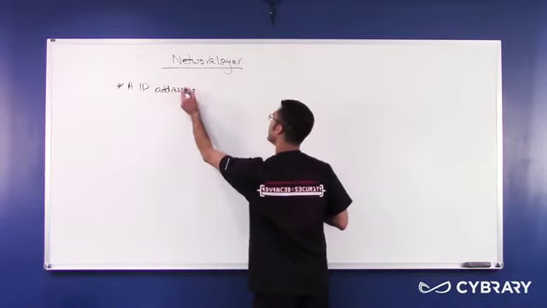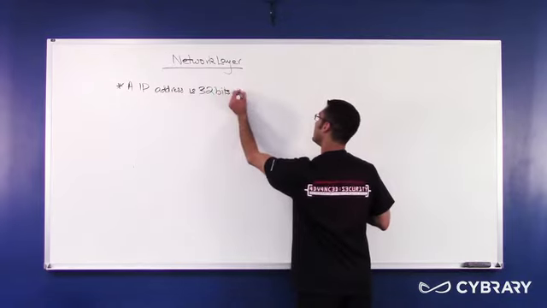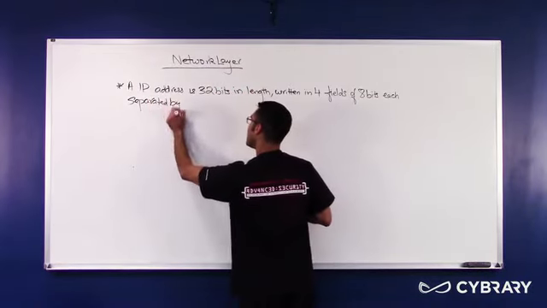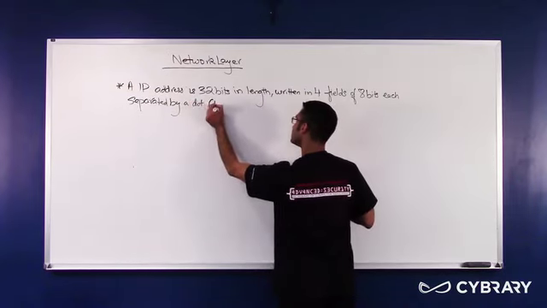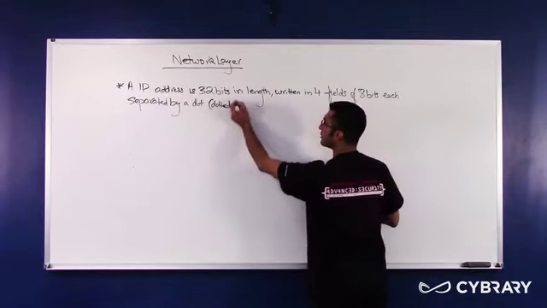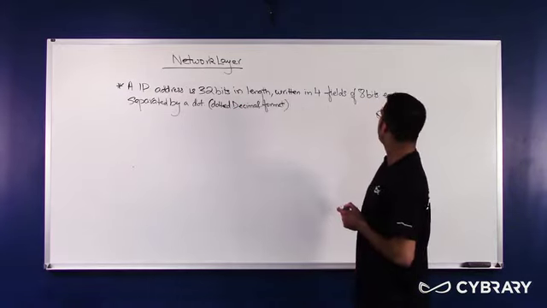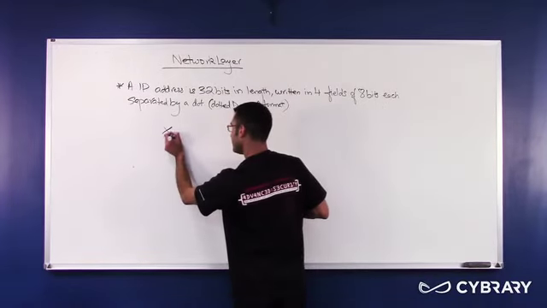An IP address is 32 bits in length, and it's written in 4 fields of 8 bits each, separated by a dot. This is called the dotted decimal format. So 4 fields of 8 bits each. Let's find out what it looks like.